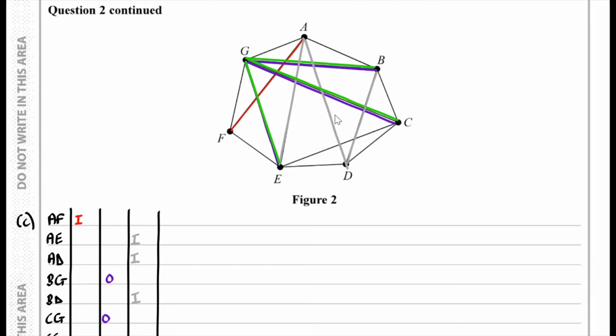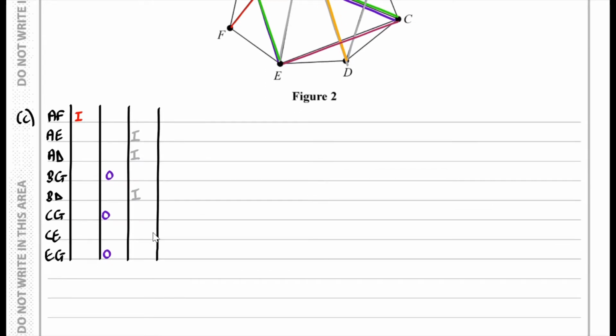What crosses AD, if I grab a different colour, if we consider this AD over here, let's draw a line through it. What crosses it is just this EC over here.